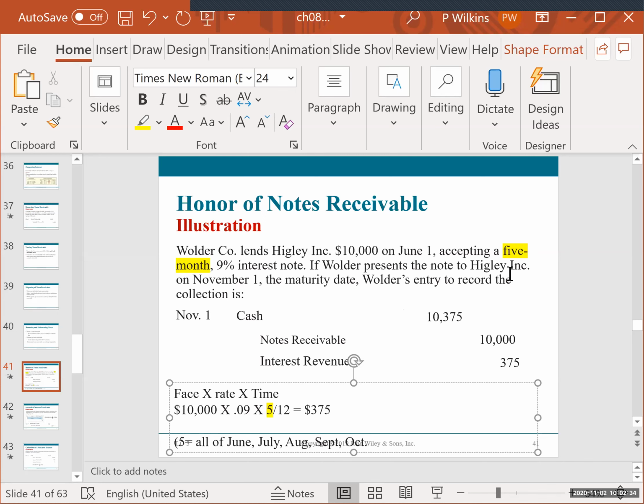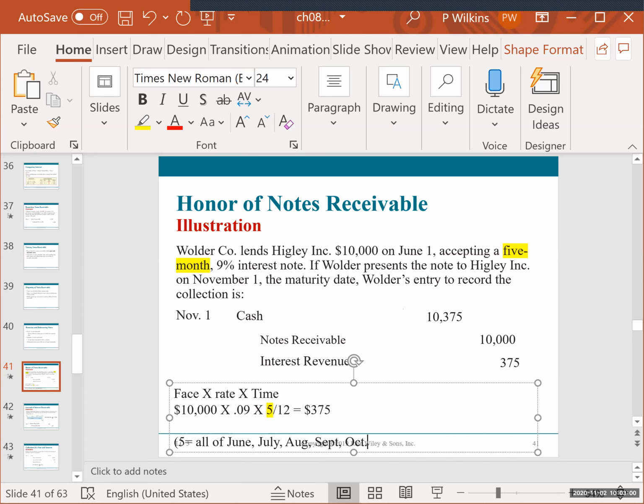Because they're paying the note in full on November 1. So they've gone the full length of the loan. And you say all of, because if the note had originated on June 30th, you wouldn't count June at all. It would be all of July, August, September, October. But this note originated on June 1. So it's all of June, July, August, September, October.